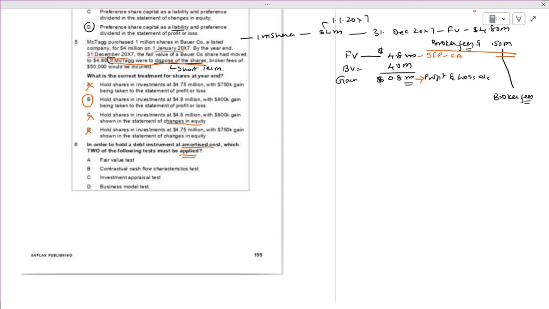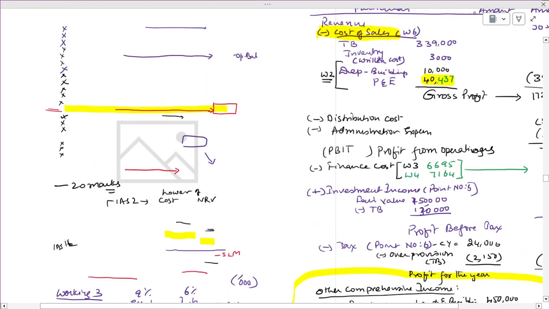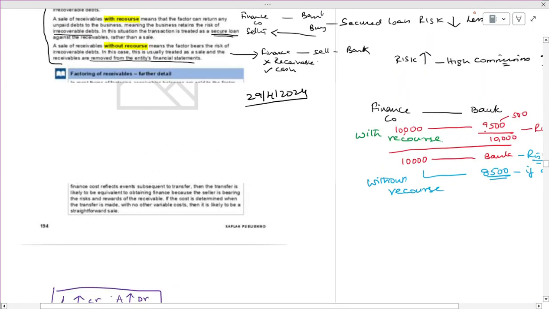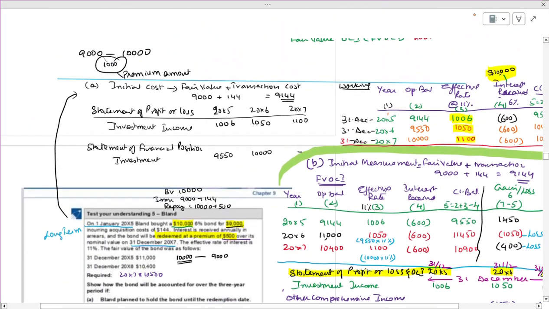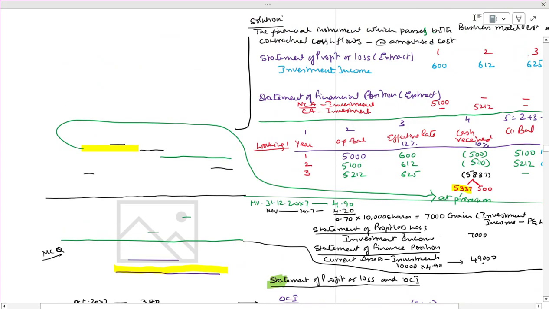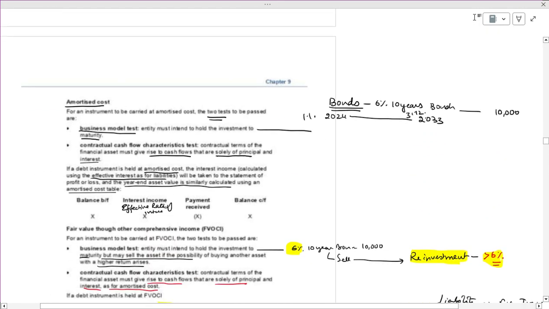Mazin. I can say, Dr., A and B. Which are there?